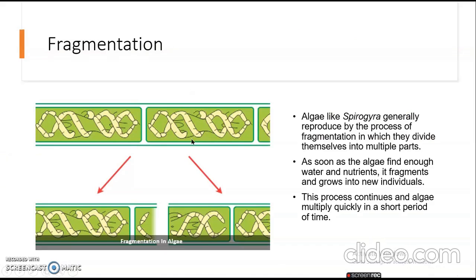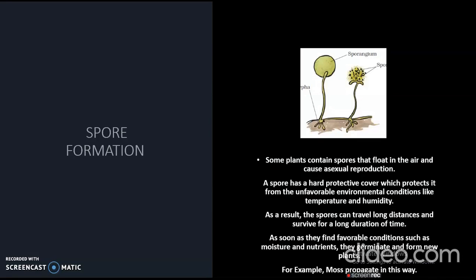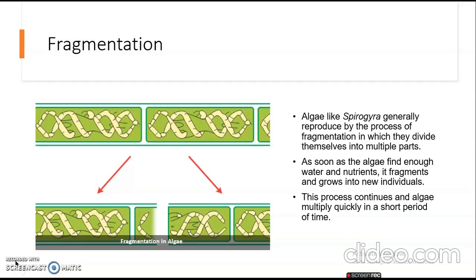Now we will talk about fragmentation. Algae like Spirogyra generally reproduce by the process of fragmentation, in which they divide themselves into multiple parts.